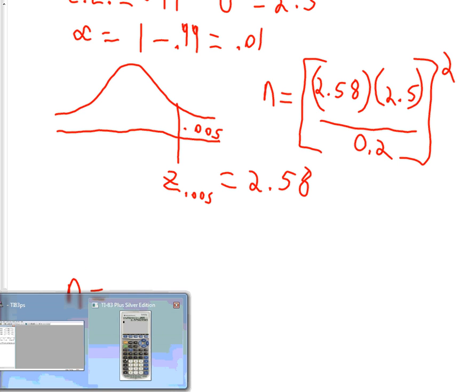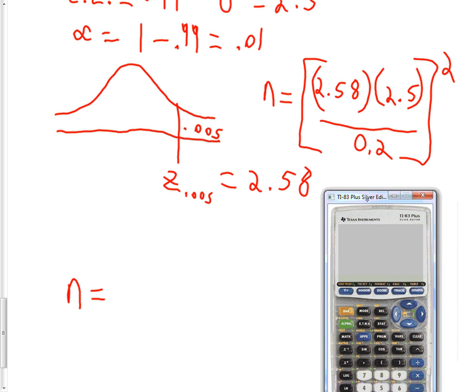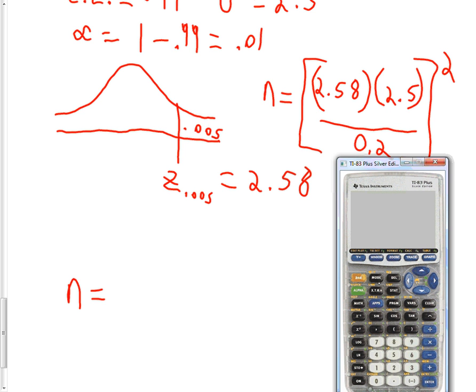Let's go back to our TI, and we're doing this calculation. We're doing parentheses, 2.58 times 2.5 divided by 0.2.